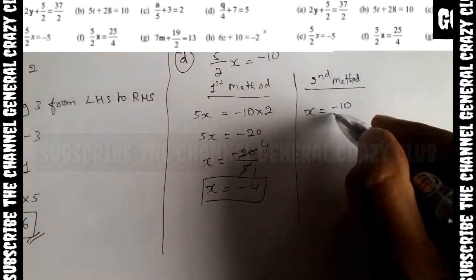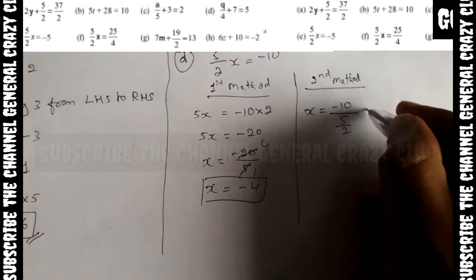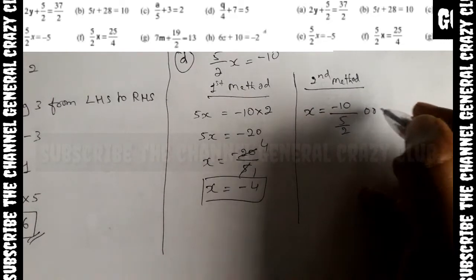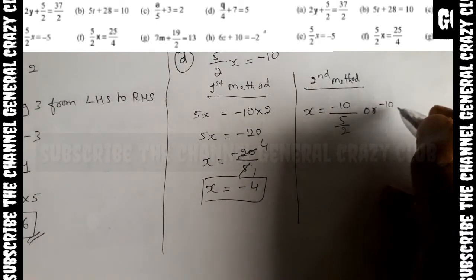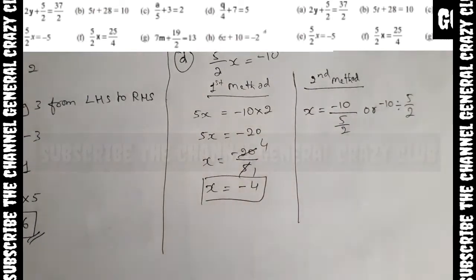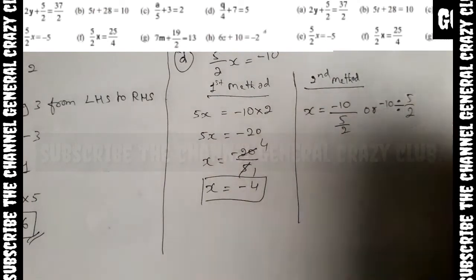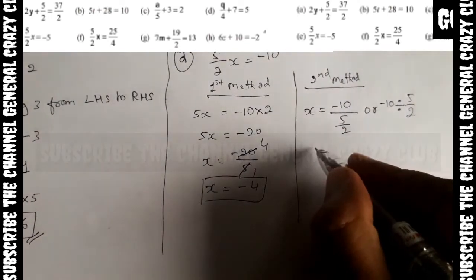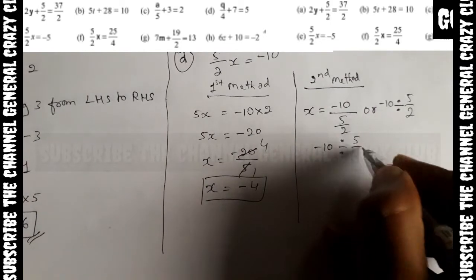We can write this as minus 10 divided by 5 by 2. We can write both ways. Minus 10 divided by 5 by 2.